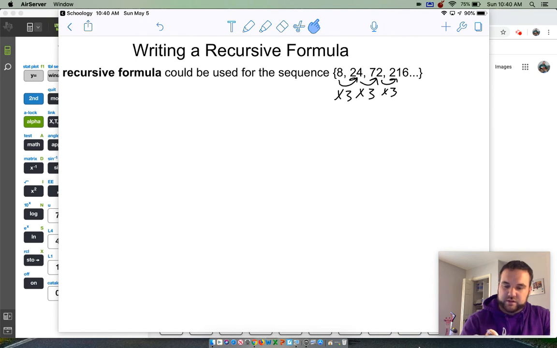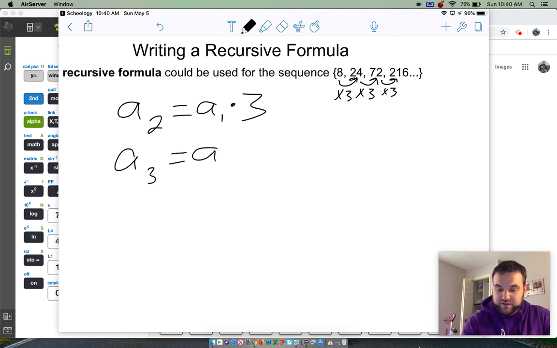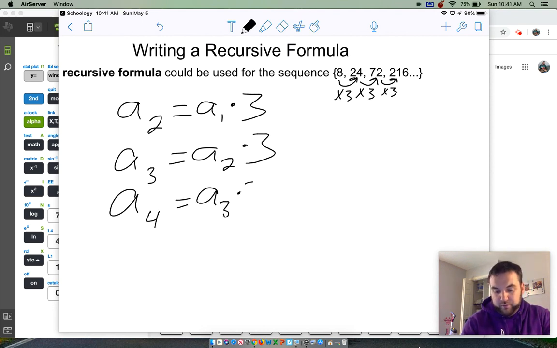So what that tells me is to get the second term, I'm going to take the first term and, nope, not add. I'm going to multiply it by 3. To get the third term, I'm going to take the second term and multiply by 3. To get the fourth term, I'm going to take the third term and multiply by 3.